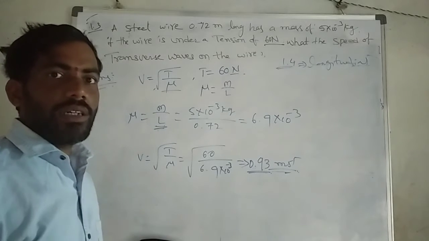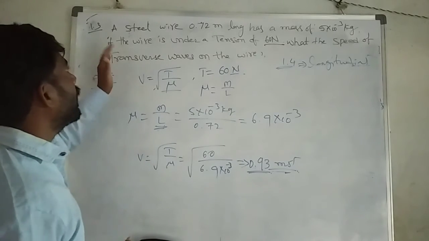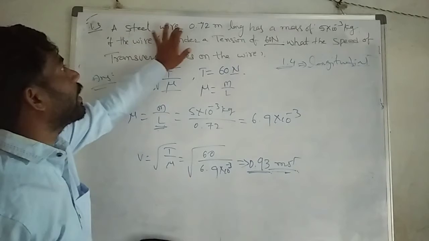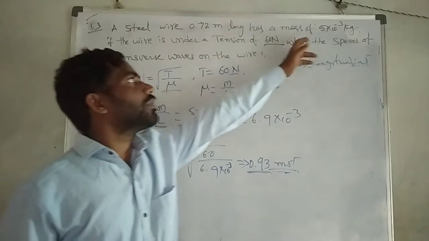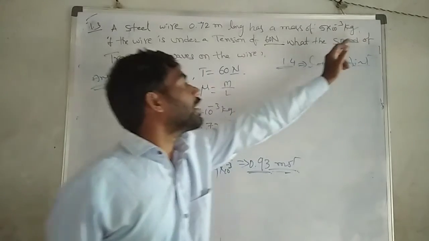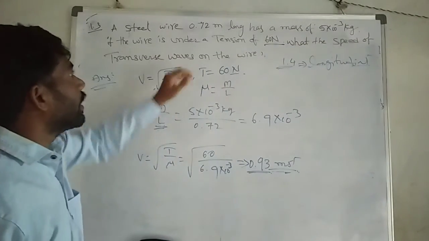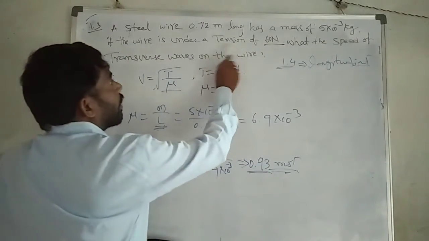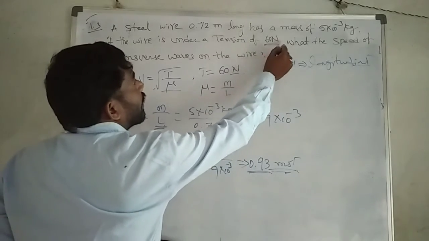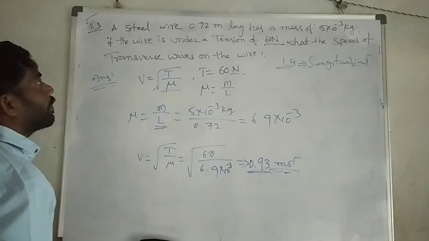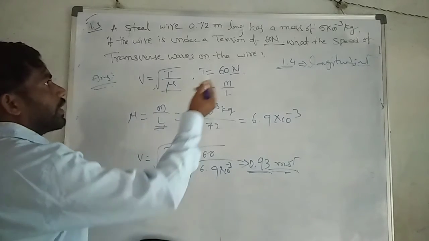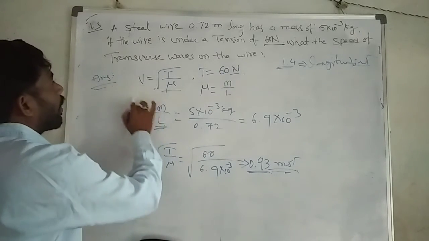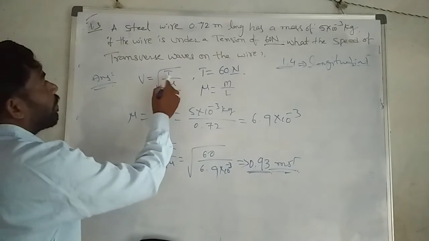Okay, this one is the example problem 1.3. In this problem, a steel wire has length 0.72 meters and mass 5×10^-3 kg, and the tension of the wire is 60 newtons. The speed of the transverse wave in the wire, for this problem the given formula is v equal to under root of T by mu.